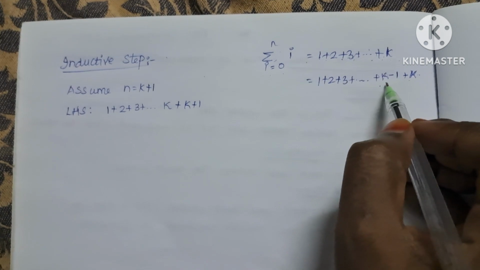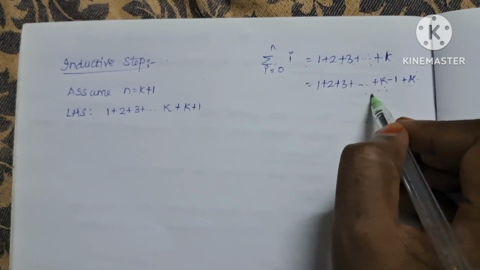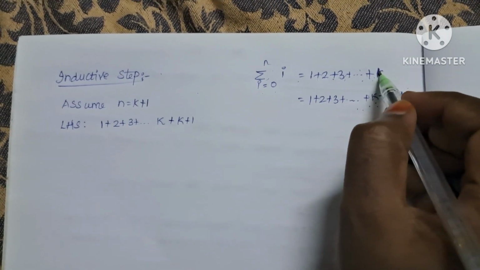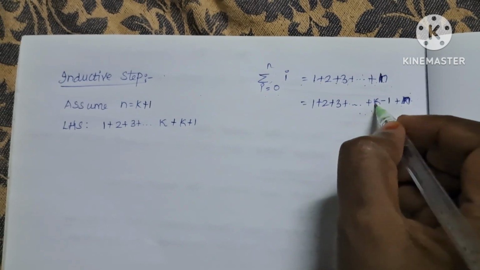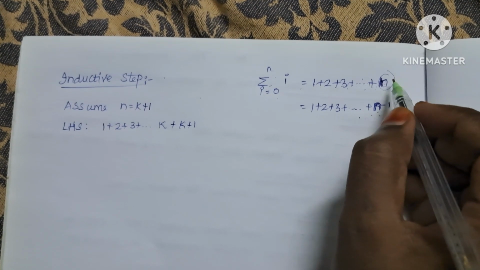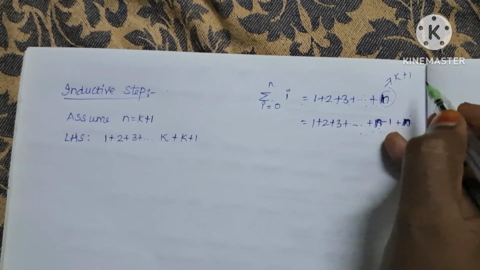Here we are assigning n equal to k plus 1, right? So let it be n, to understand properly. So we are assigning n equal to k plus 1.